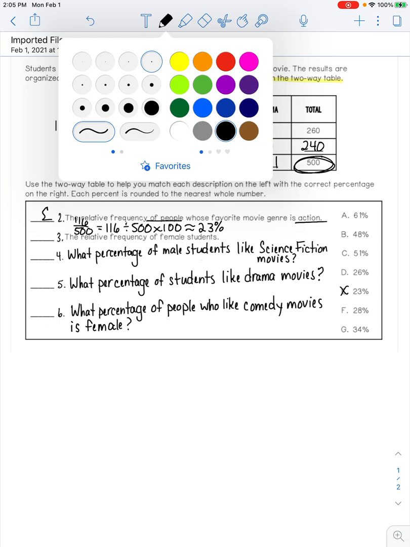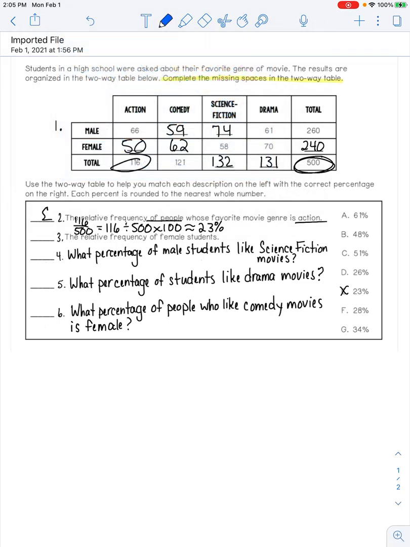I'm going to do a different color for 3. Look at number 3. It says, what's the relative frequency of female students? So it didn't list a whole amount, so I'm going to assume that it's talking about the 500. So out of 500, how many of the students are female? So my total female is 240. So you should have done 240 over 500.